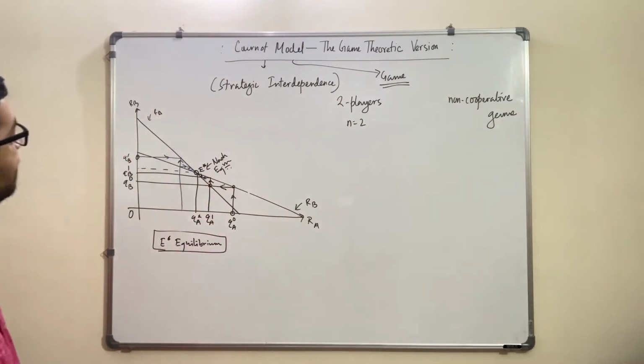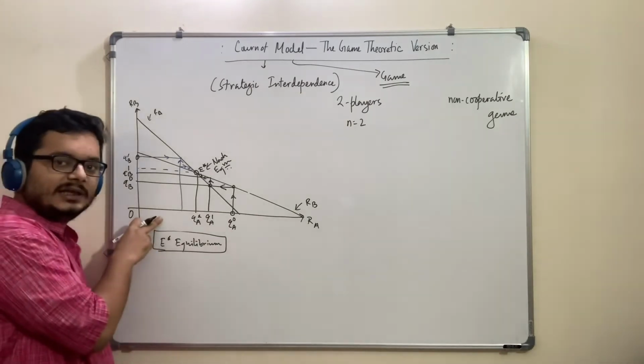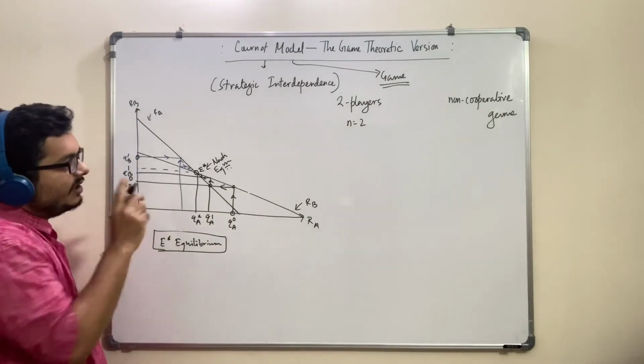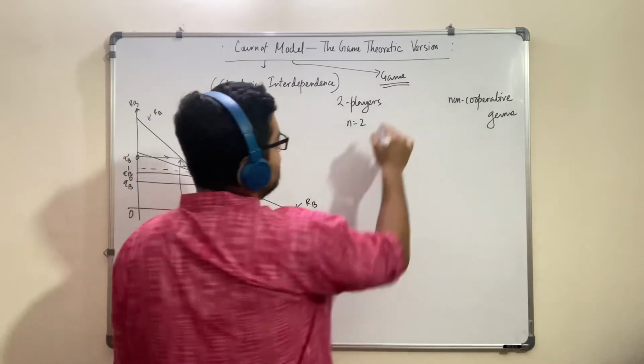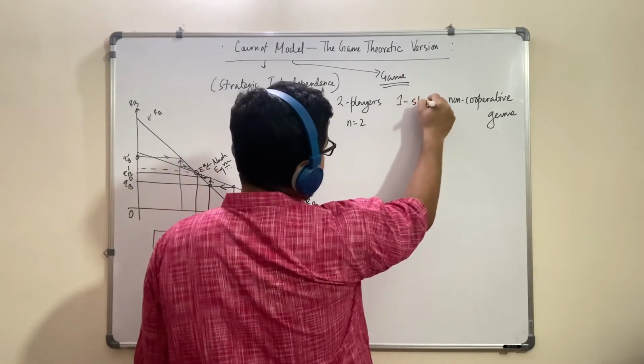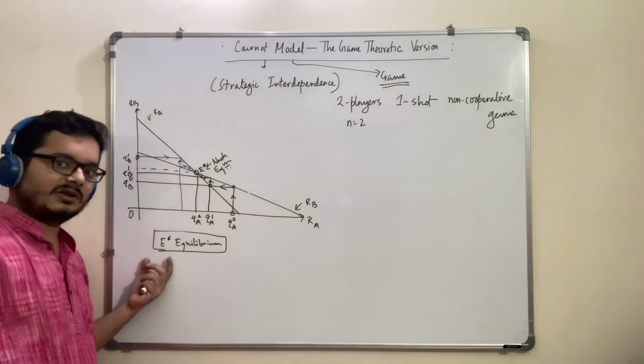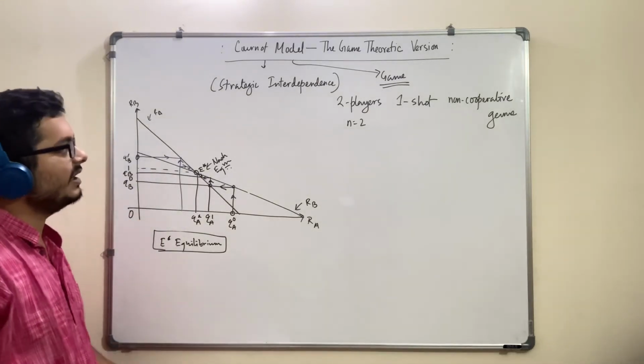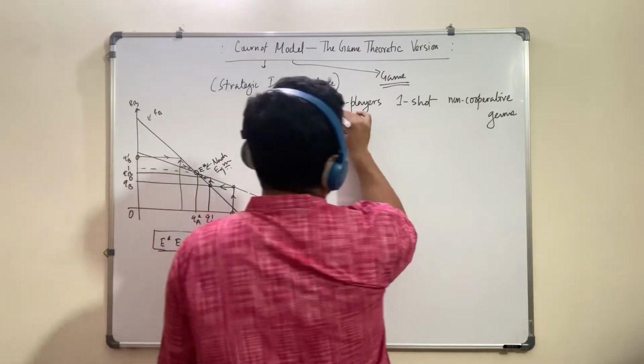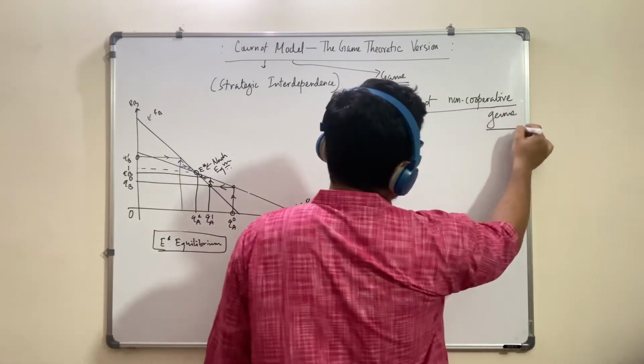Anyways, two players, non-cooperative game. Now, this game is being played only once, so we will say it's a one-shot game. The firms are getting only one chance of playing this. So we are dealing with a two-player, one-shot, non-cooperative game.